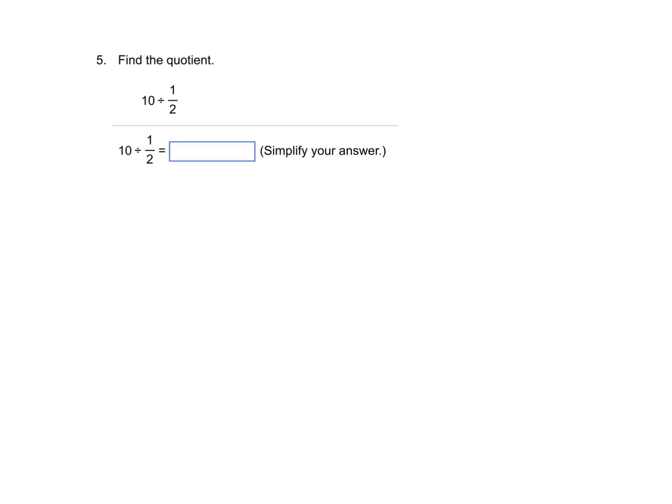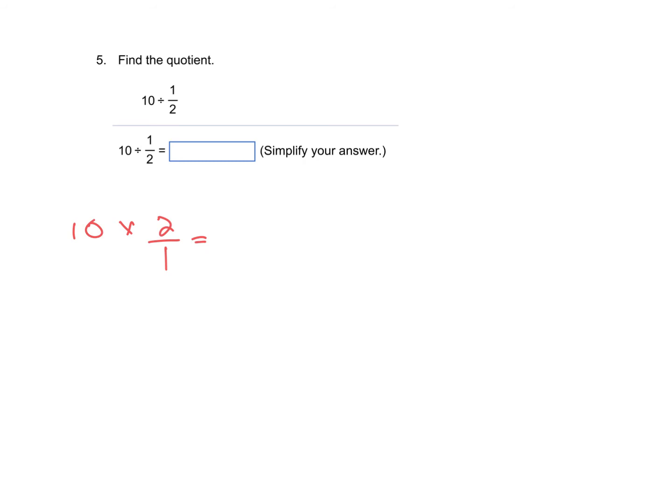All right, for this problem, and I believe I told you to show work on this one. Essentially, what's the work that you show? Well, you show that you're using stay, switch, flip to turn this into a multiplication problem. Stay, this 10 stays a 10. Switch, this division switches to multiplication. And flip, this 1 over 2 becomes 2 over 1, otherwise known as 2.